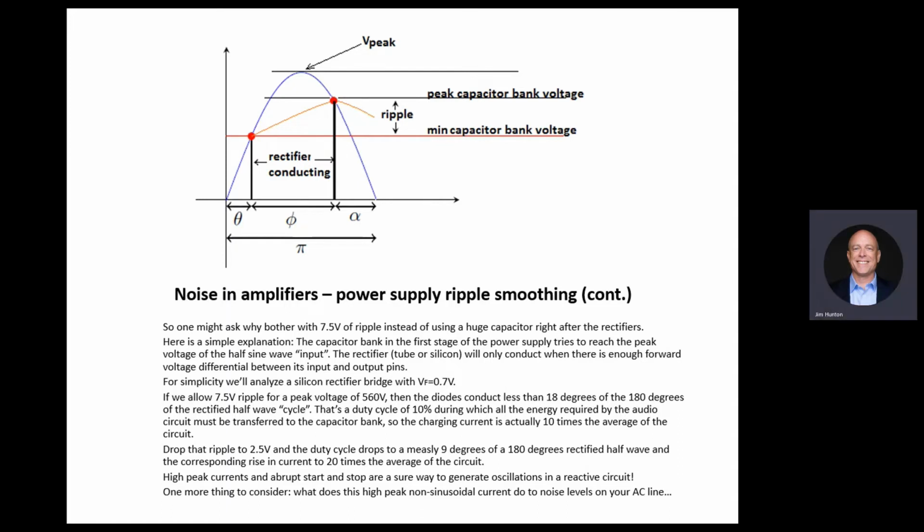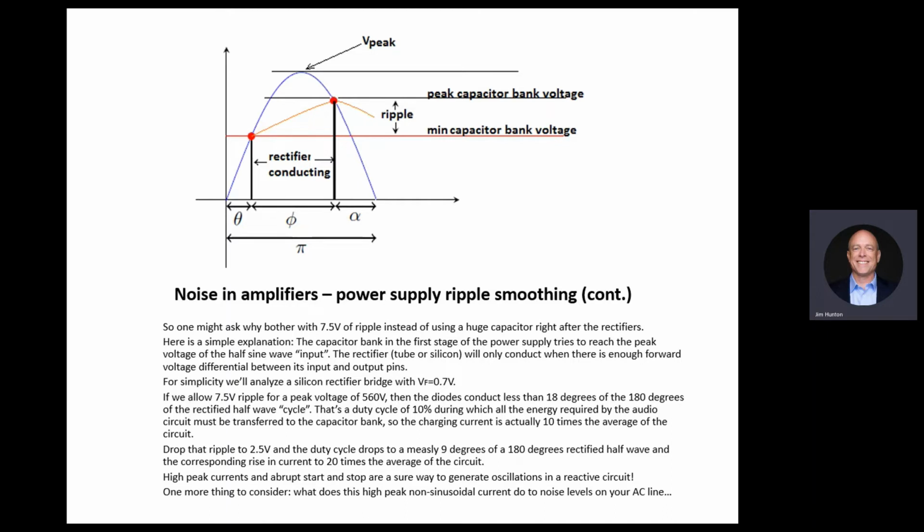And when you think about power amplifiers especially, they need a lot of power. If they conduct only in a very short duration, like 1% of the time, the peak current is going to be huge. It's not going to be the average supply current. Let's say that you need 10 amps to run the power circuit.